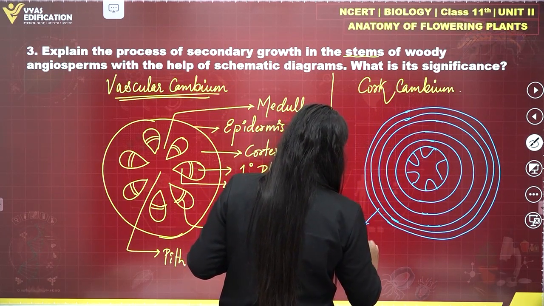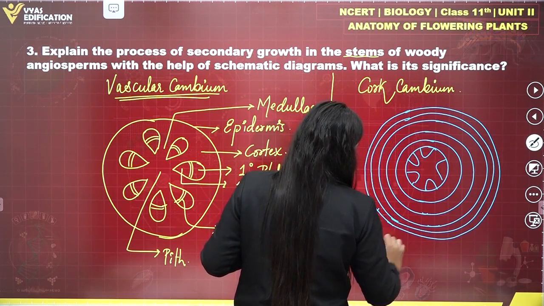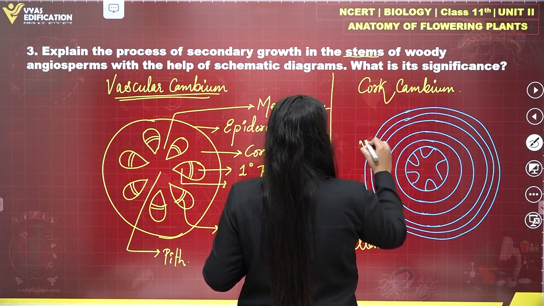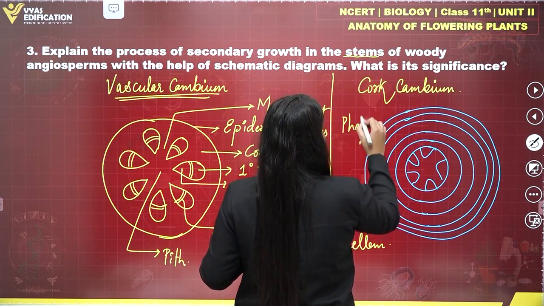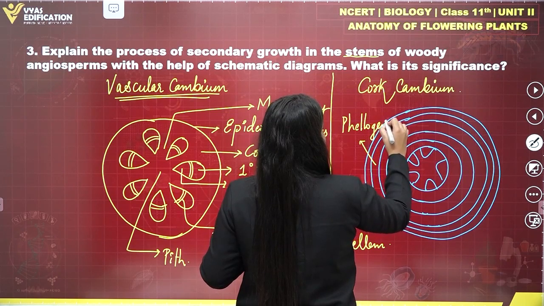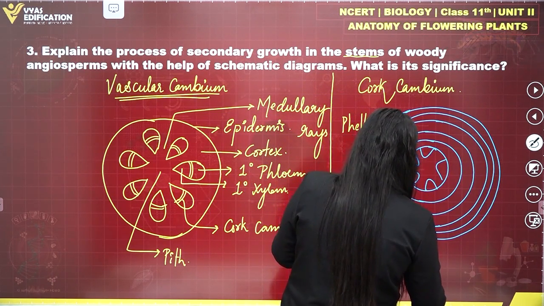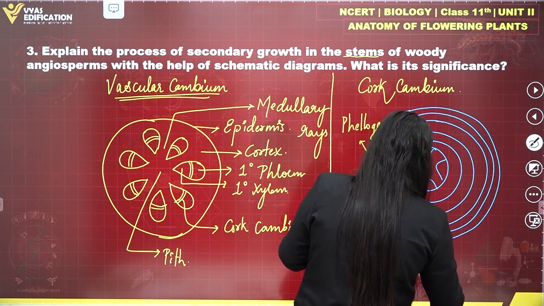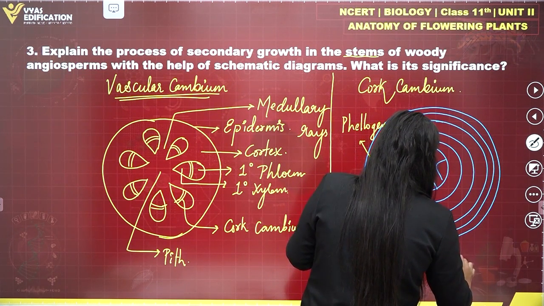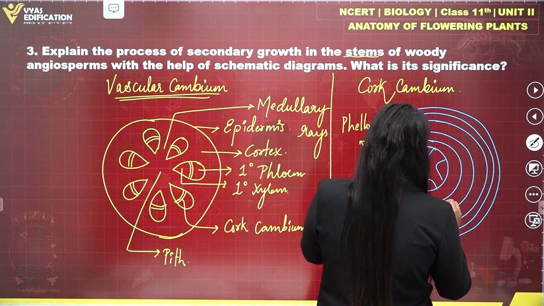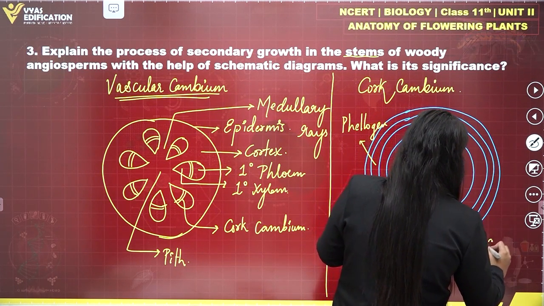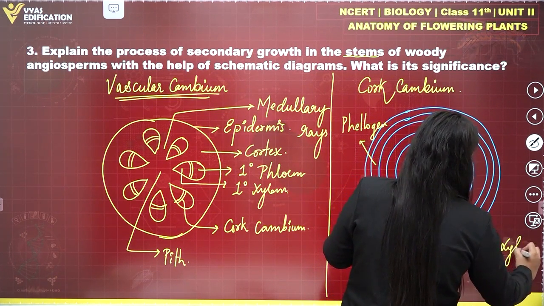This is phellem. Then the second layer we have is phellogen. The third layer is your secondary phloem. Then you have this as secondary xylem.